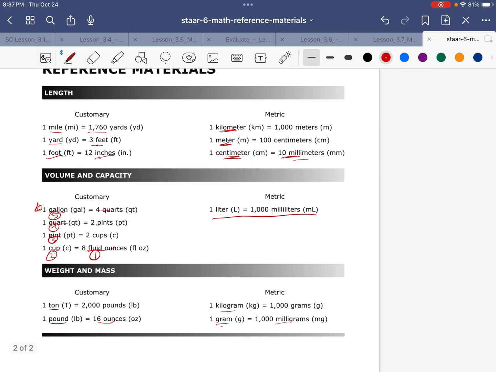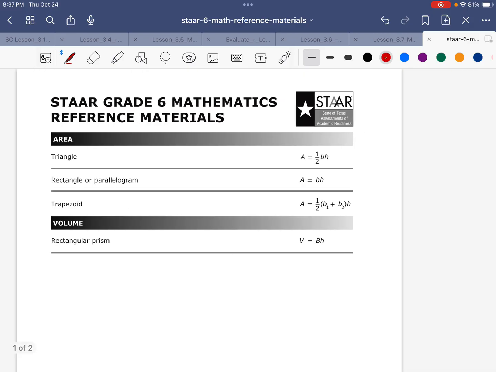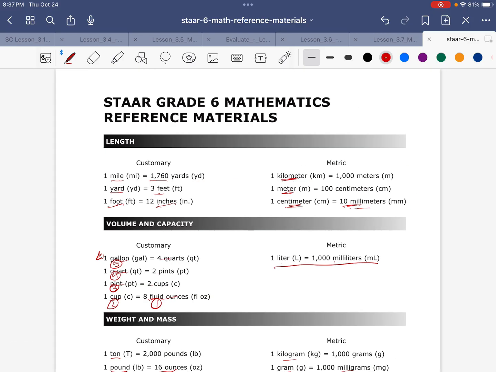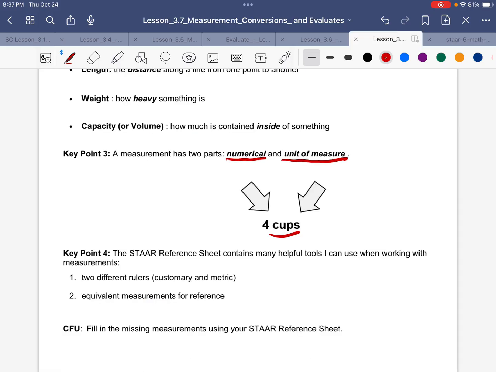I don't know if it's on the copy that I have here, but there will be a ruler along the side here, and it will allow you to measure different things, and we'll go over that. They'll have one in the customary units, like inches and feet, and you'll have one with centimeters and millimeters.